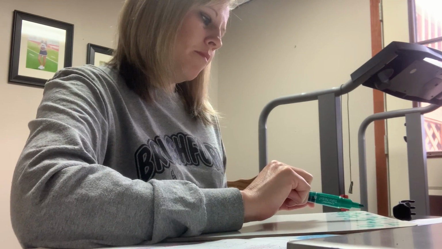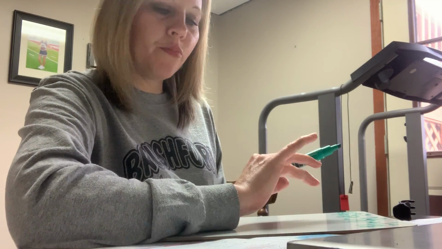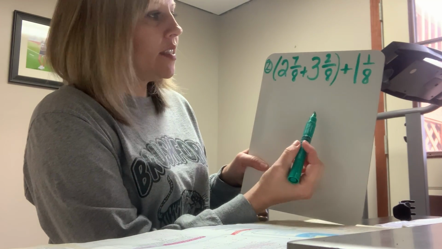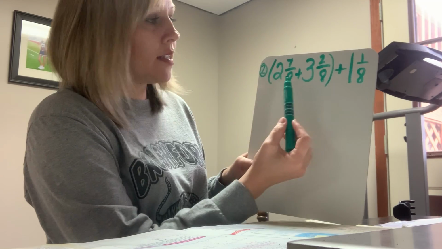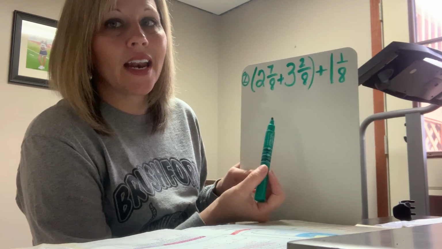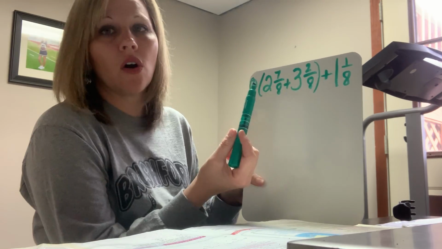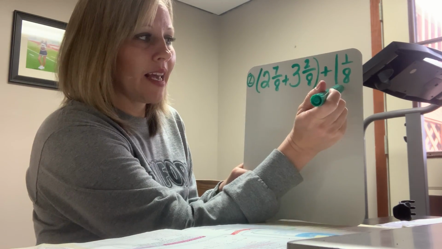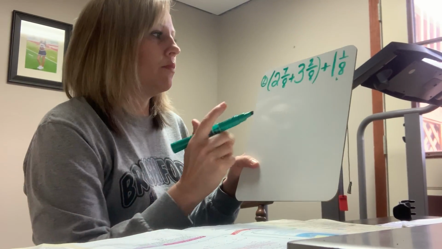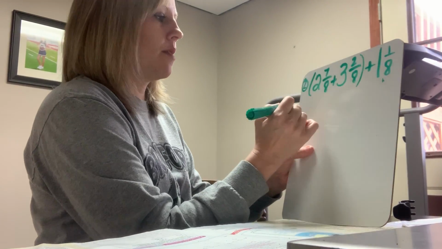I would probably not group these two together. The reason I wouldn't is because, guys, you know, this 7 plus 2 is going to give me 9/8. You want one that's going to give you a whole. So I would group this together. I would regroup. I would use the associative property to regroup. So I'm going to come down here and regroup.